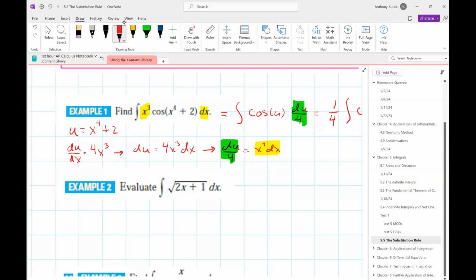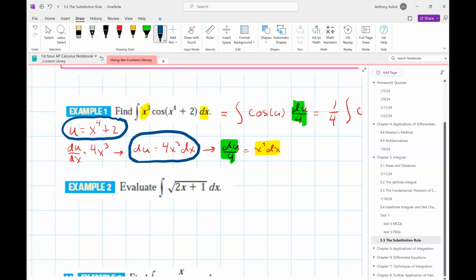So what we're trying to do is undo a chain rule, right? So what we want is the inner function, and then we want the derivative of that inner function. So that's what we're trying to do here.